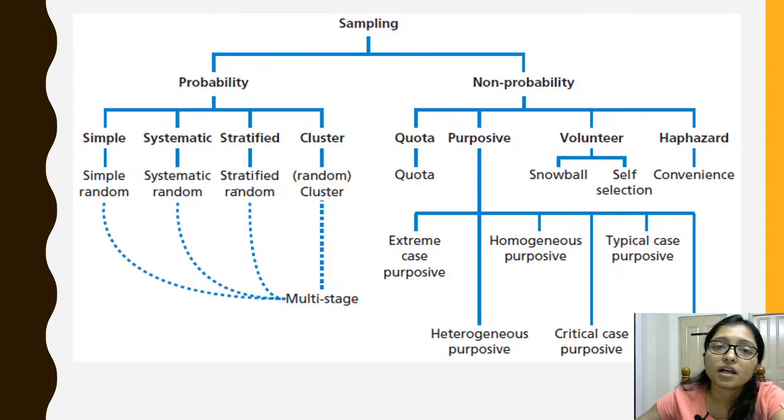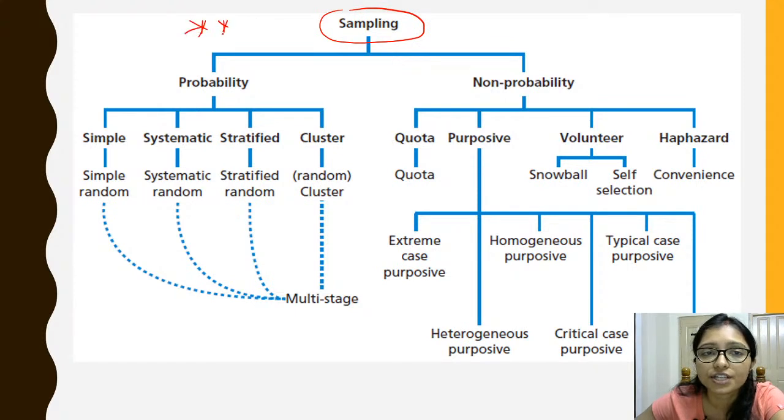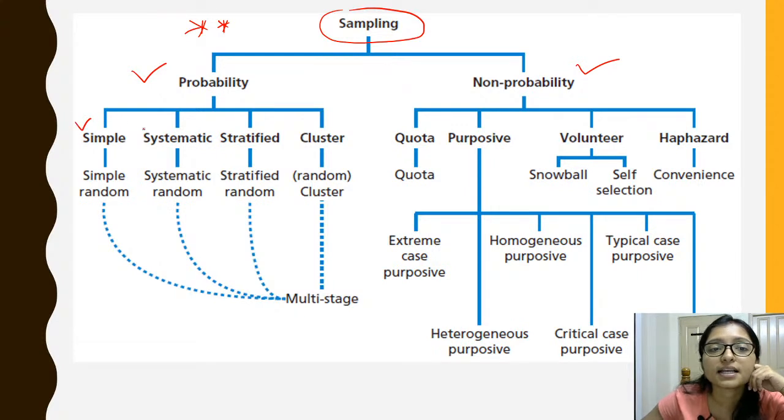Okay. Now see from this chart, it will be very much helpful, I think. This is a very important chart. So, see, it is the sampling. There is the probability and there is the non-probability. Probability means here simple, systematic and stratified and cluster, right.